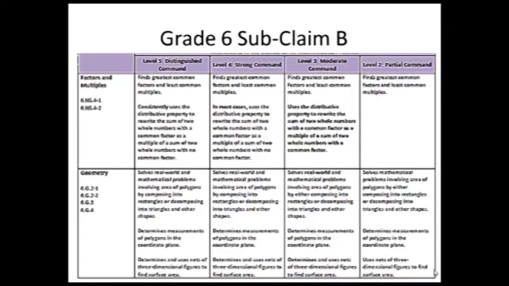And if you notice too, in most cases they use that, but I may not use that all the time. And then in level 5, I am using it consistently. So what you see there is the content is not changing terribly significantly. We've got that introduction of the distributive property for level 3, and then the use of common versus no common factors. But what's happening is how often I use that, whether or not I use it consistently.